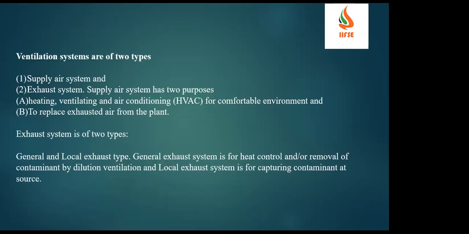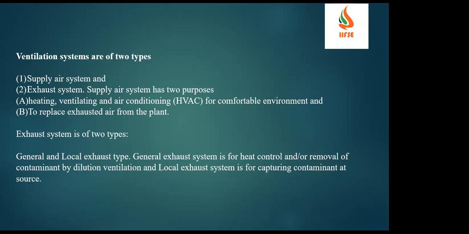The ventilation systems are of two types, as we see: the supply air system and the exhaust system. Supply air systems again have two purposes. One is heating, ventilating, and air conditioning, which is nothing but HVAC for a comfortable environment. The second is to replace the exhausted air from the plant, which is taking out the contaminated air in the work area.